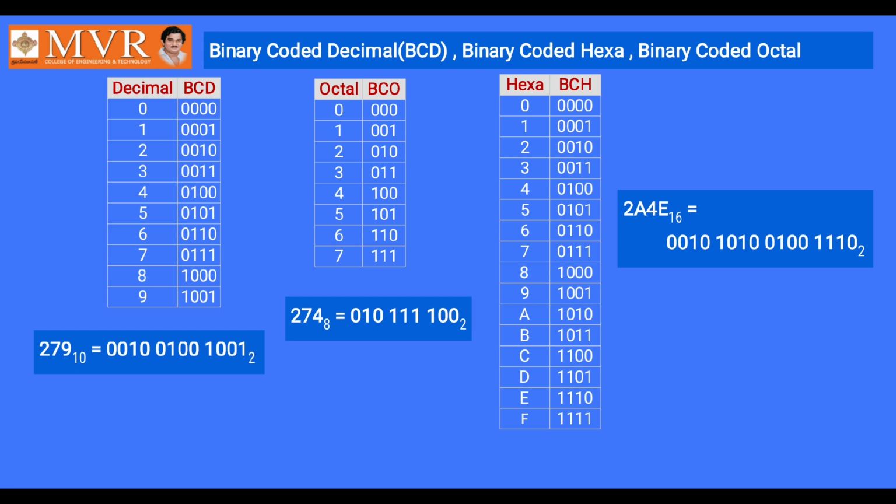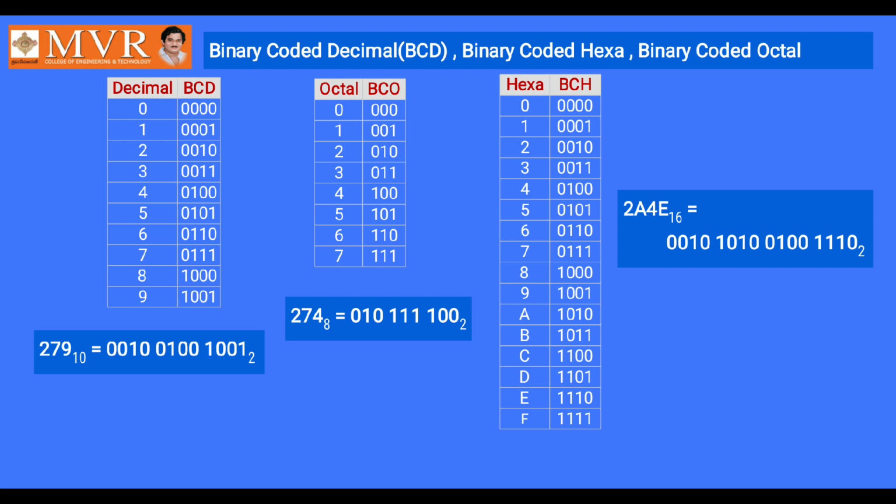The equivalent binary coded hexa: 2 stands for 0010, A is equivalent to 1010, 4 is equivalent to 0100 and E is equal to 1110. Like this, we have made binary coded octal and binary coded hexa.